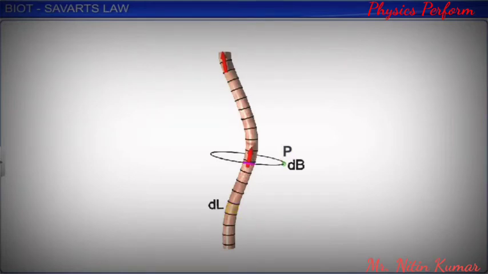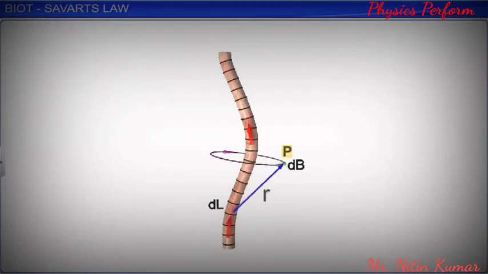Then, to obtain the magnetic induction due to all the elements of the conductor, we calculate the sum of the magnetic inductions due to all the elements at point P. Consider one such element of the conductor. Let R denote the vector joining the current element to point P.